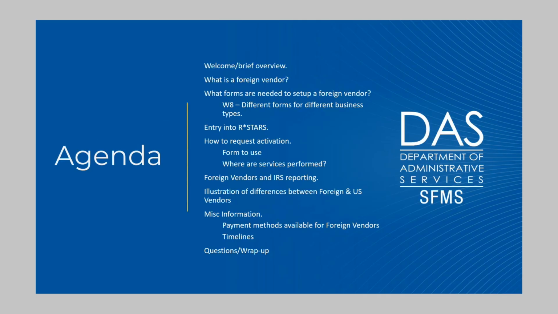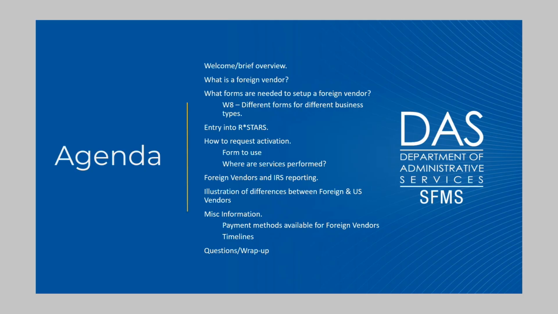Today, I'm planning on doing a brief overview of what is a foreign vendor. We're going to talk about what forms are needed to set up a foreign vendor, i.e. the W-8s and the different forms that they have. Entry into R-stars, how to request activation, what form to use, there are questions involved on this form I need answered.